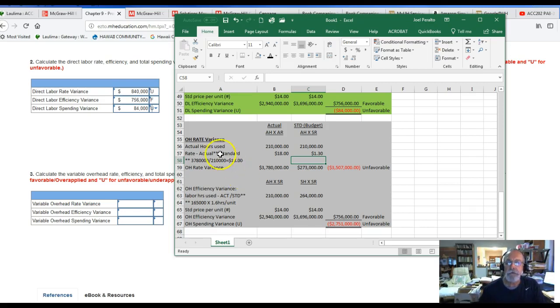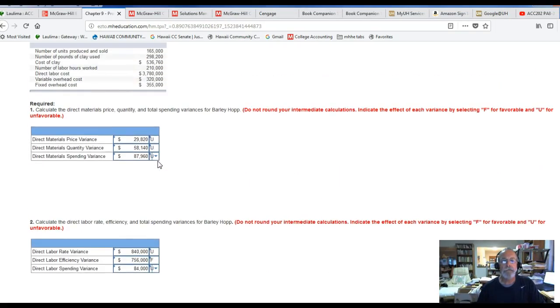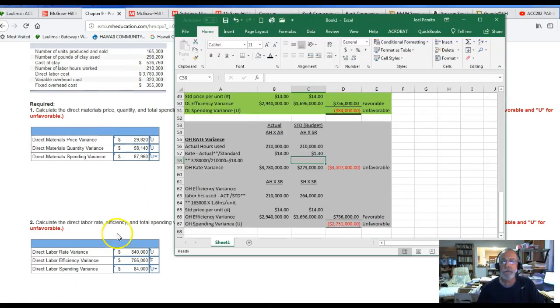So for the overhead rate variance, we take a look at actual hours times actual rate, and the actual hours used, let's see, I guess I can get that off of the spreadsheet.